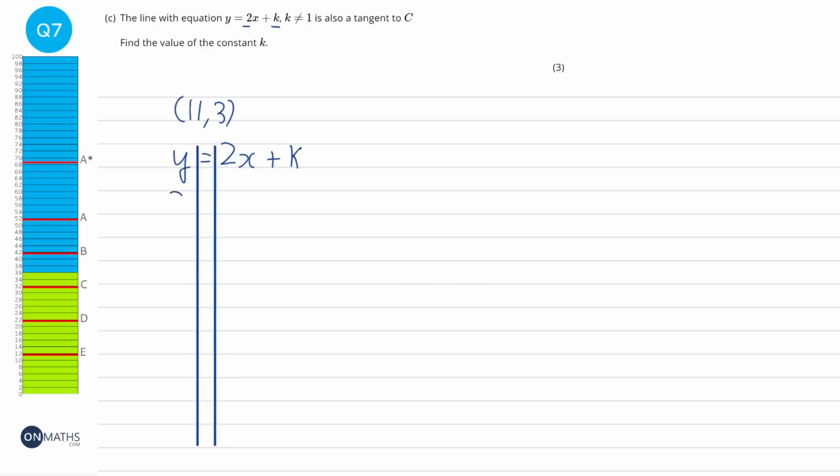So y is 3, x is 11. So it's going to be 3 equals 22 plus k. So we're going to take away 22 both sides. And we're left with minus 19 equals k. So k is minus 19, and our equation will be y equals 2x minus 19.